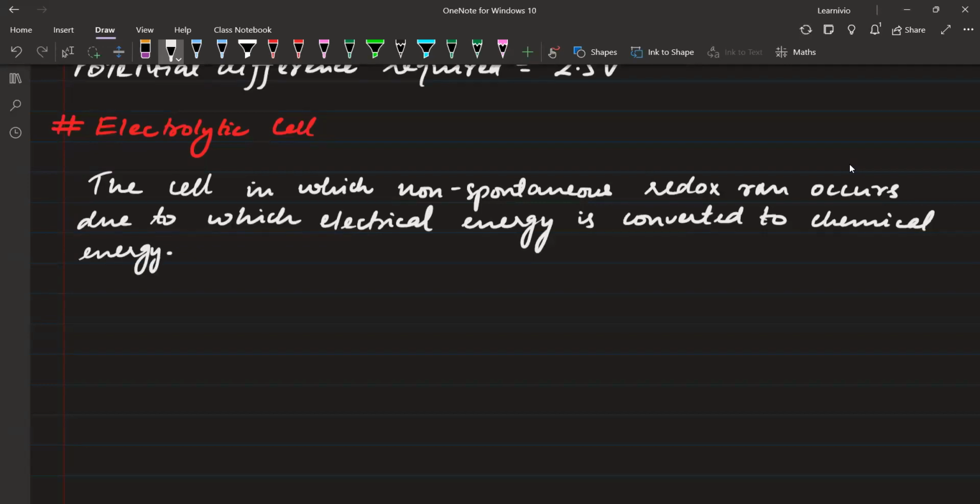Basically, we have to do a chemical reaction for which electrical energy is required. For which energy is required, we are providing electrical energy in this case. Okay. Also write one more point.